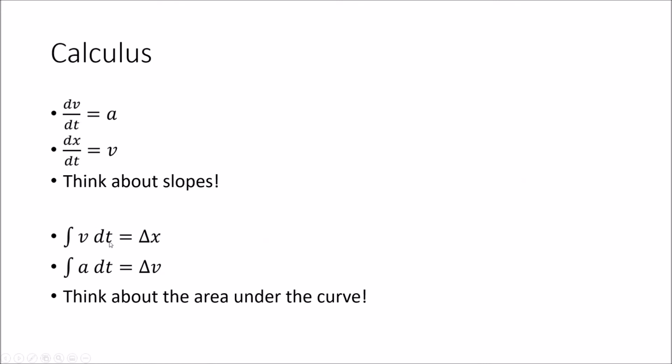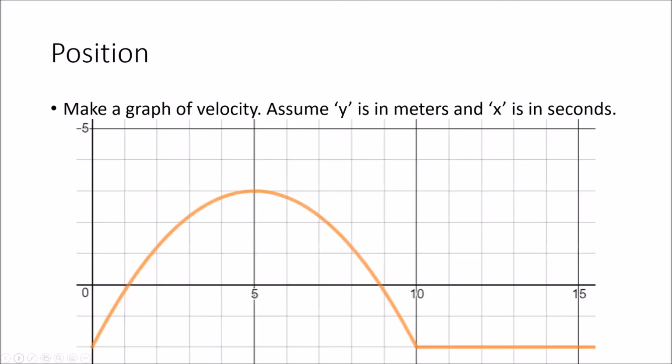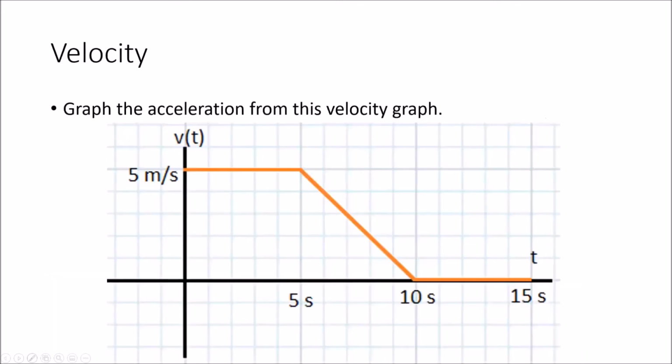And if you've taken calculus 2, you know that the integral of a function is related to the area under a curve. It doesn't matter if you have not taken calculus 2 yet, because we can just look at this and say, okay, what is the area under the curve?